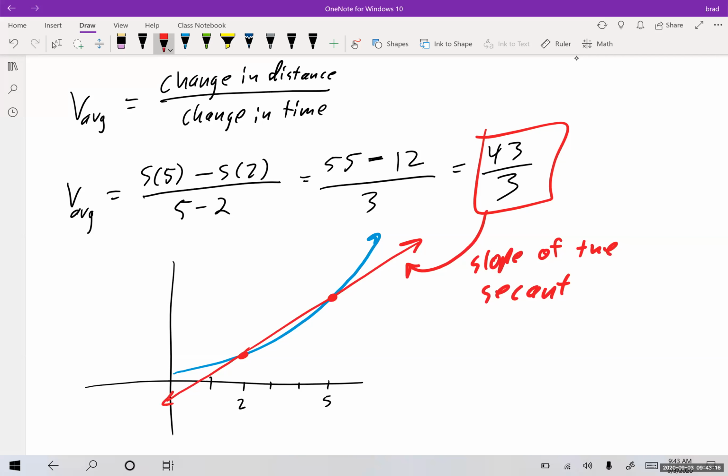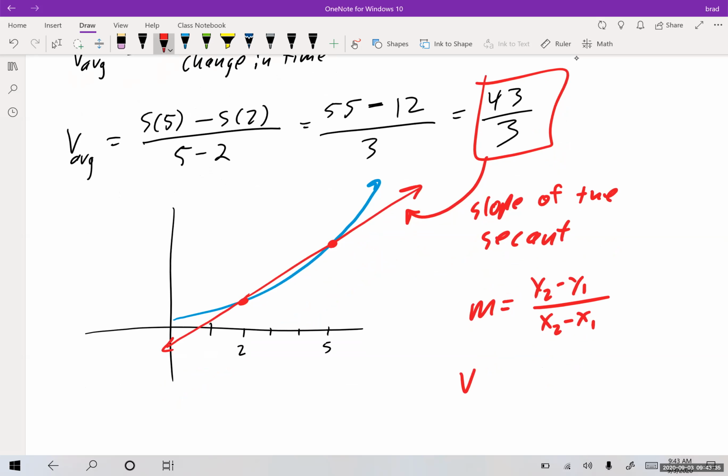Now think back to when you learned slope, right? You learned it as rise over run, but wasn't it the change in y's divided by the change in x's? Your old school formula for slope was y2 minus y1 divided by x2 minus x1, right? Well, literally what I did with v average is I found the position at 5 seconds and the position at 2 seconds.